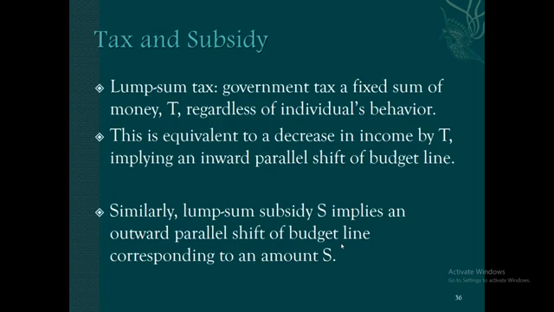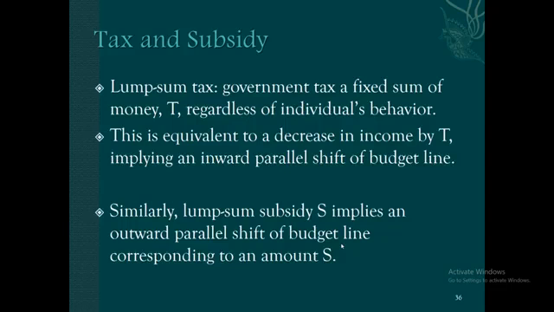Now, if you have a proportional tax, on the contrary, it treats individuals differently. Those who have a higher income have to pay a higher amount, and those who have a lesser income pay a lesser amount. So this has a relative effect on commodity purchasing power. Again, a lump sum subsidy has the same effect in the opposite direction.